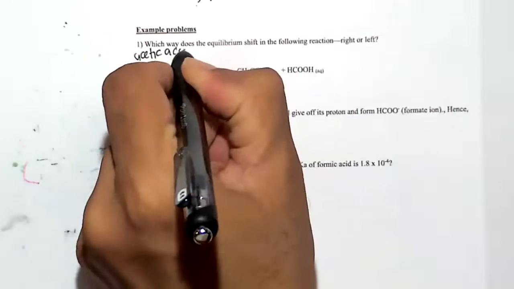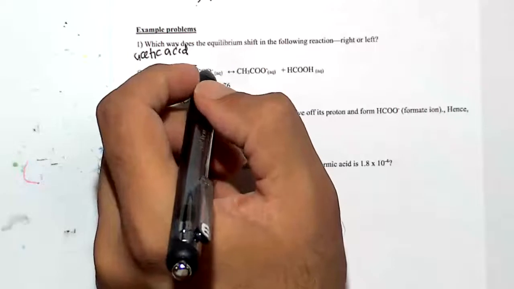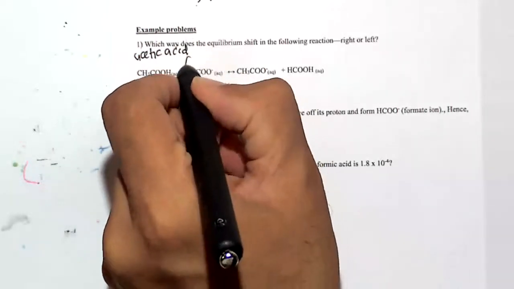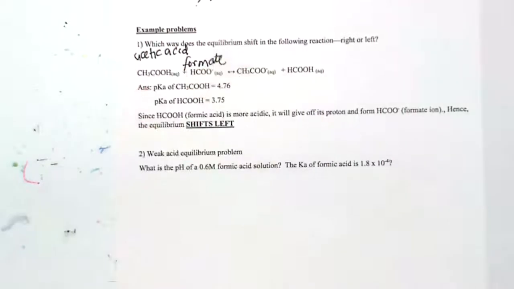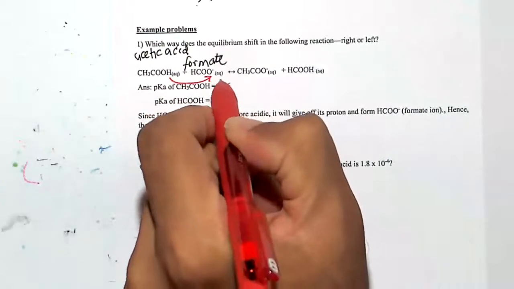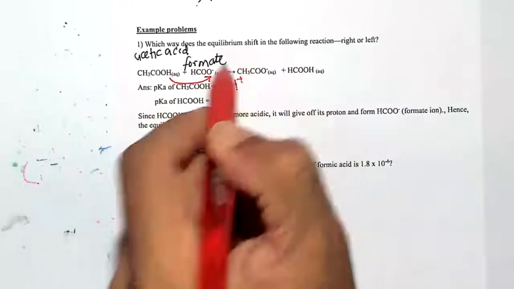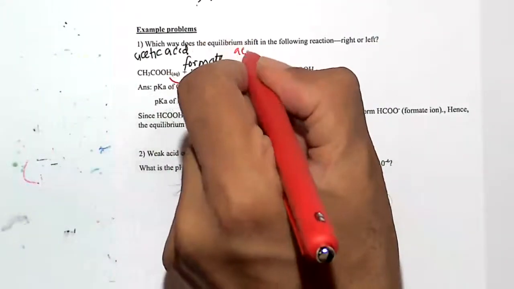CH3COOH is called acetic acid. That's just the name of the compound. And this HCOO minus is called formate. Right, so what's happening here is that this acetic acid, acids give protons, so H plus, and when it does, it becomes the acetate ion.